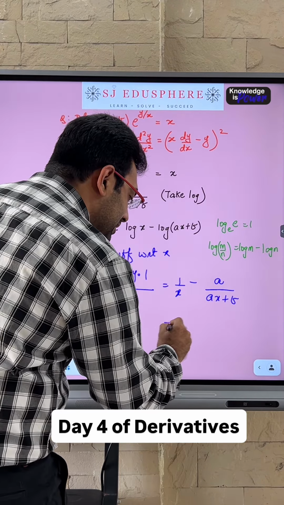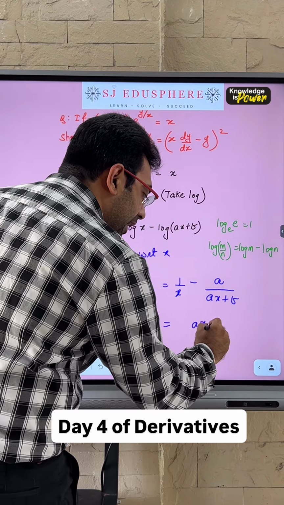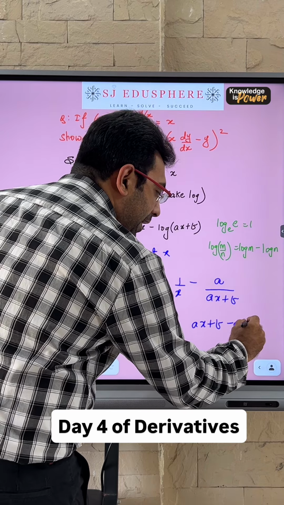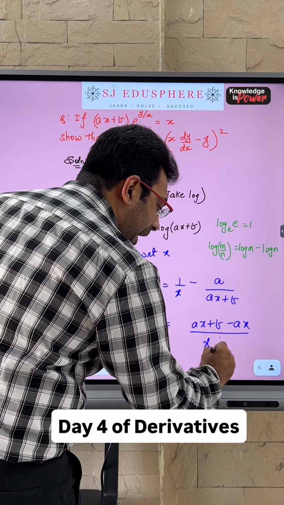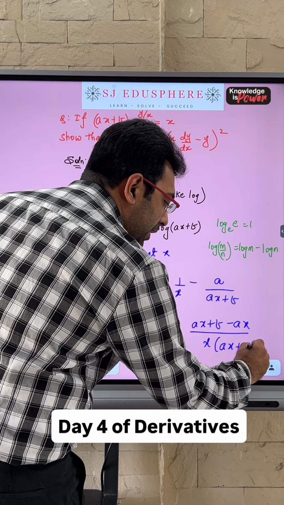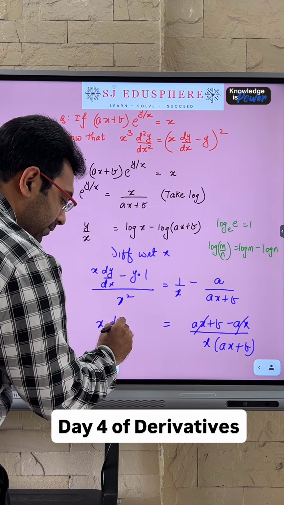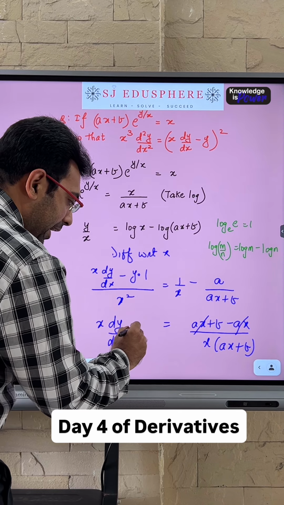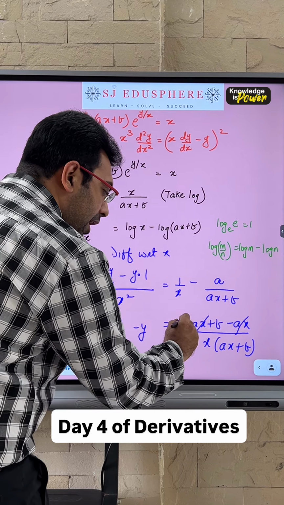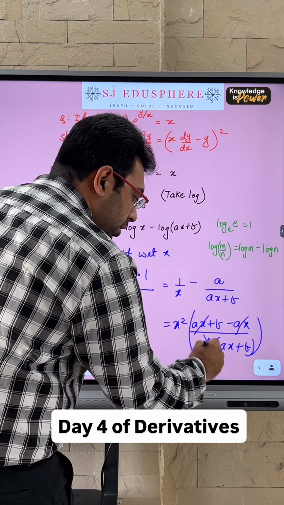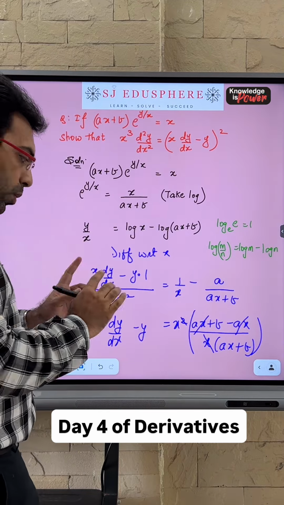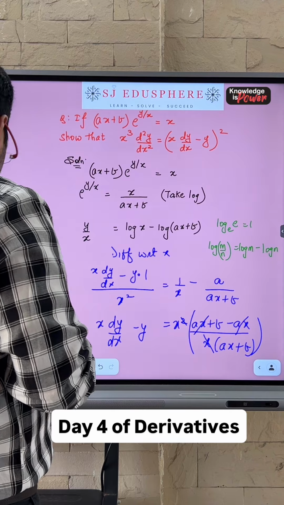If I take LCM, I have ax plus b minus ax upon x times ax plus b, which gets cancelled. On the left hand side, x dy by dx minus y, I throw the x square over here, which gets cancelled, which now I'm writing again over here.